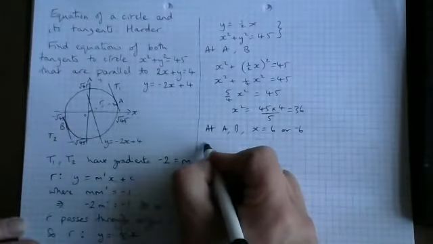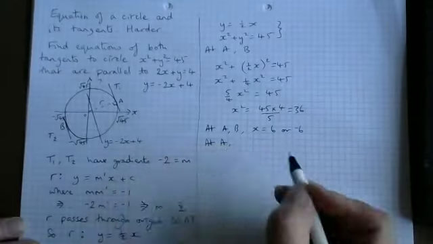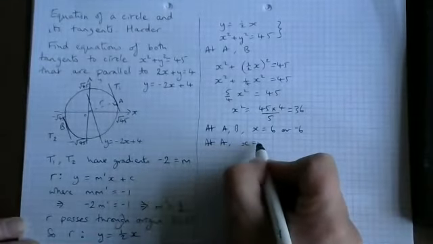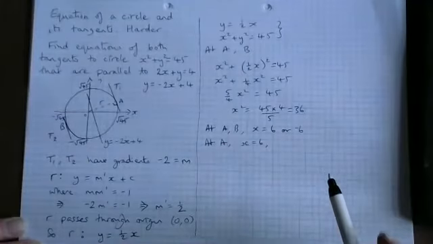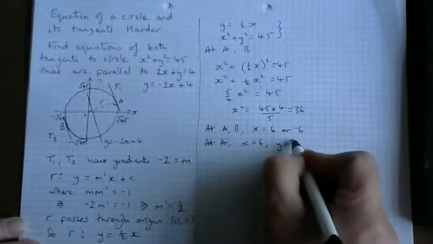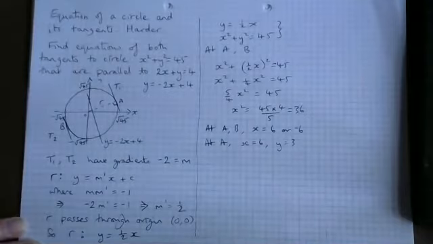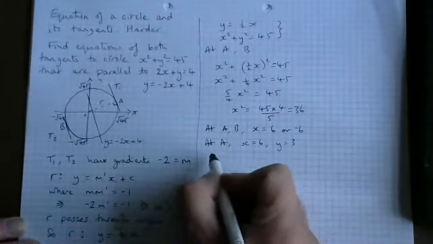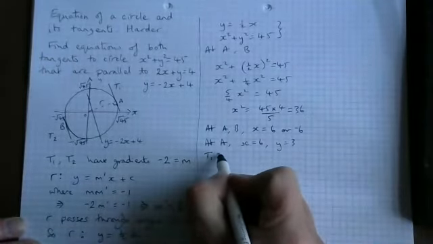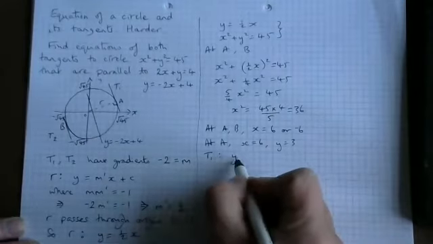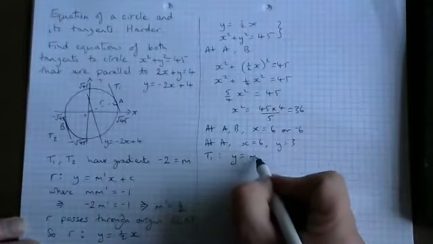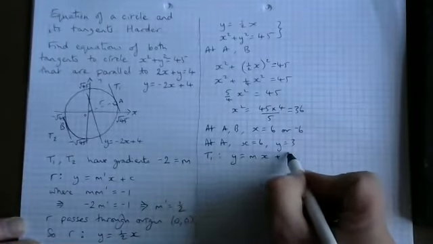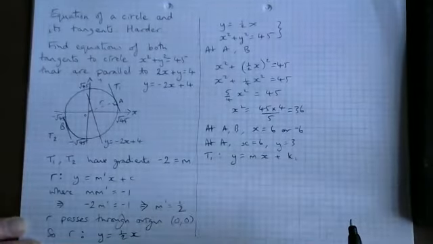So at A, x equals 6, and y equals a half x, so y equals 3. And the equation of the tangent T1 is such that y equals mx plus K1, as we said T1 has gradient m, and we'll call this K1 as our constant.